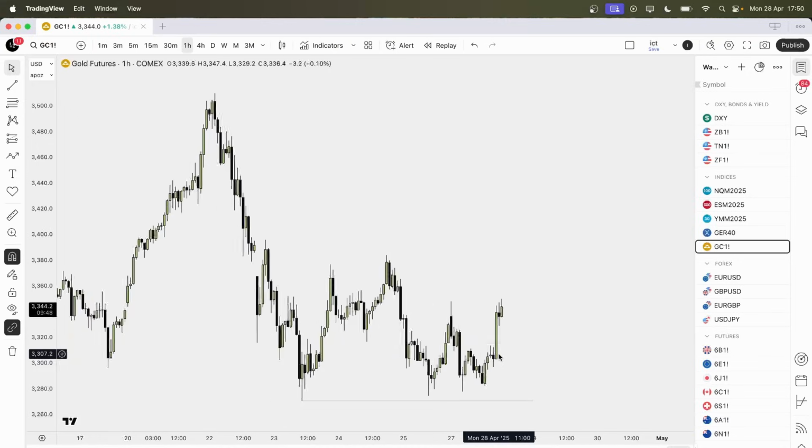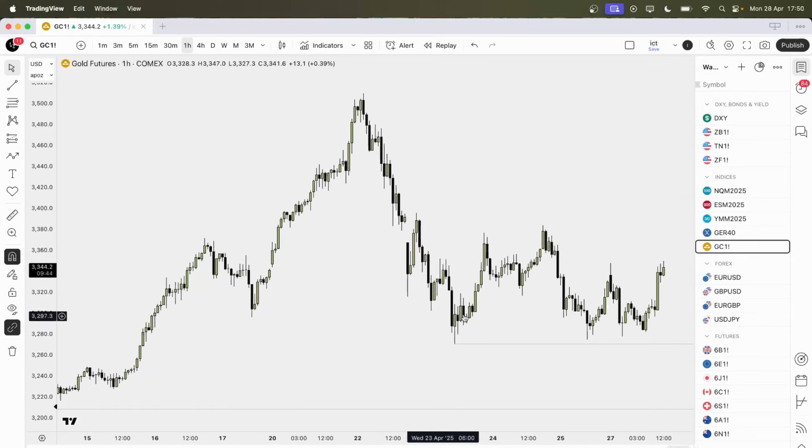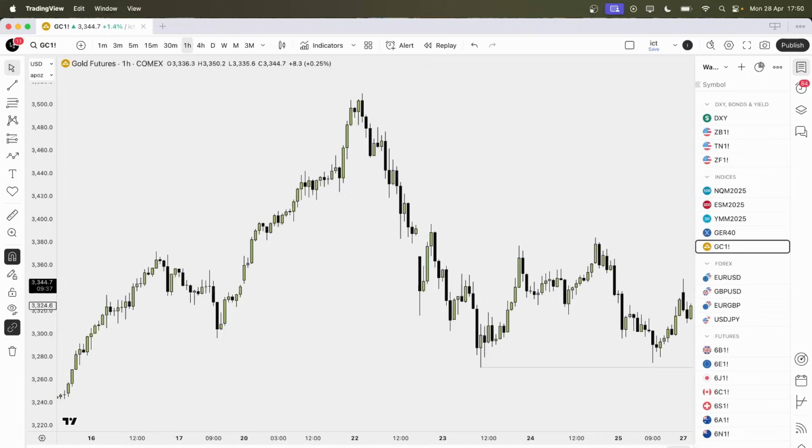High resistance liquidity requires a lot more slowing down and rebalance, rebalance, rebalance, and then drop a bit, rebalance again. That sort of thing is high resistance liquidity. Let me show you here, for example, right? Notice how this low took out all of this liquidity down here and then rallied higher.